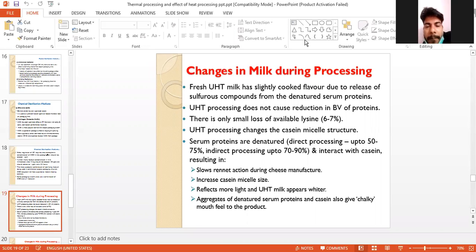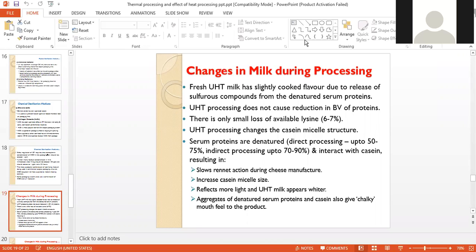These sulfhydryl compounds make the milk somewhat cooked in flavor. UST processing does not cause a reduction in the biological value of protein. So you understand that the biological value of protein is similar to what we get from raw milk.